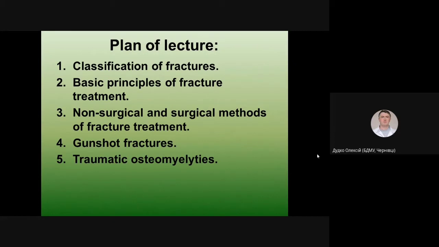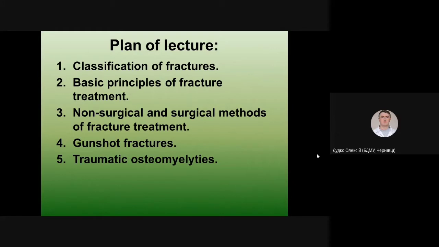So the basic principles of fracture treatment of non-surgical way involve functional treatment as functional bandages and skeletal traction, as well as immobilization method. It means fixation of a fracture with different types of bandages.